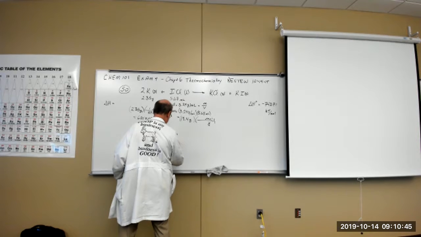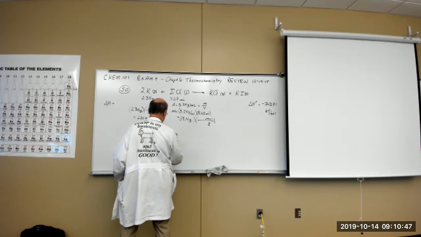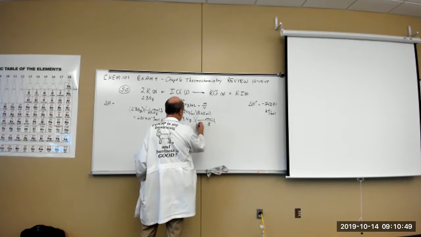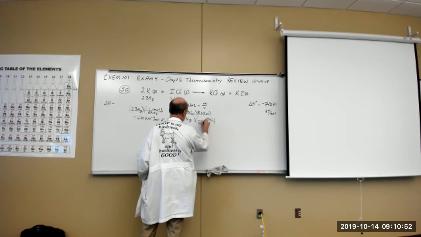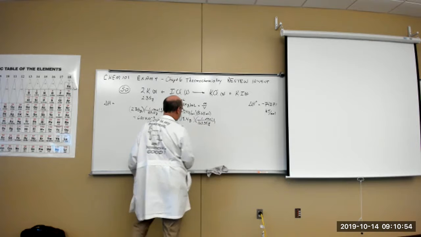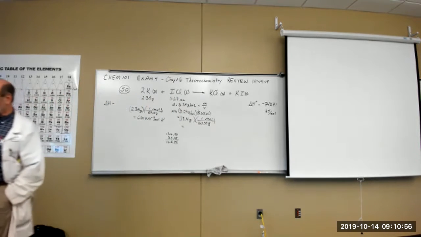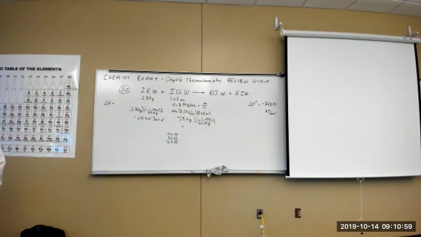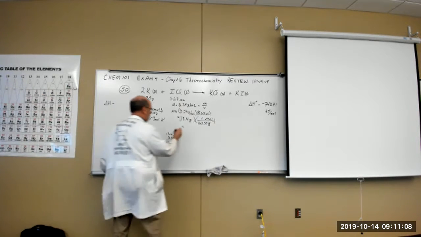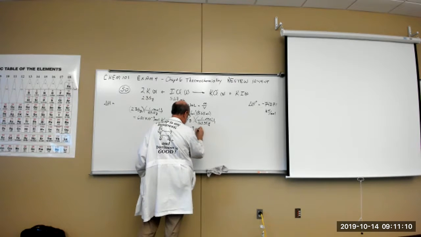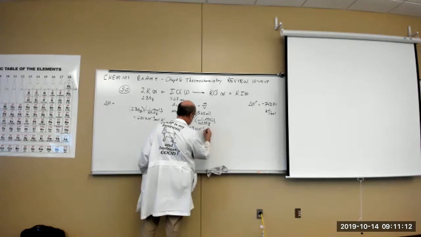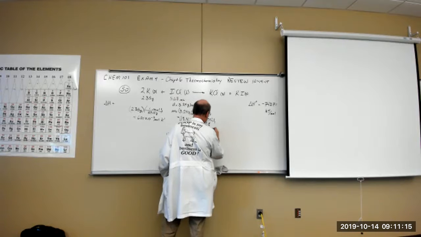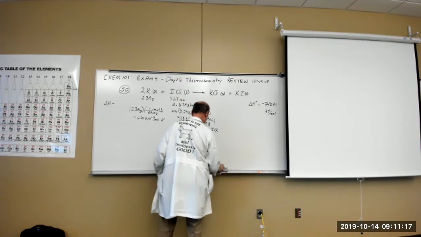That's 162.35. Okay. So we divide that into 18.4, and I get 1.13 times 10 to the minus 1 moles of this one. All right.